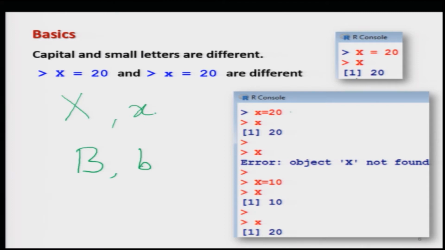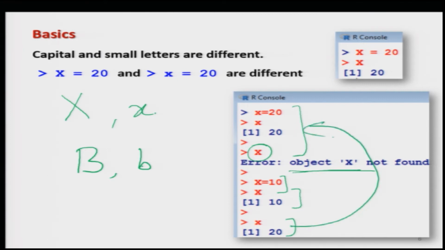For example, if I take small x equal to 20, and then try to show you the value of capital X, it will show an error, it is not there. But if I take capital X to be 10, then it will give me capital X as 10 and small x as 20, which is coming from here.